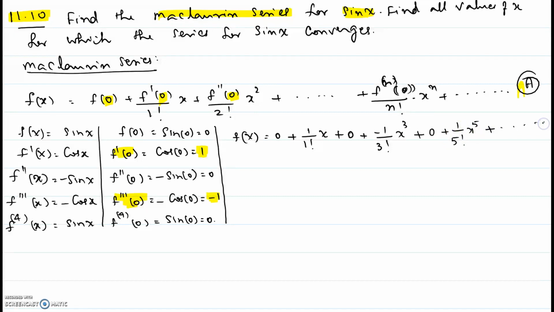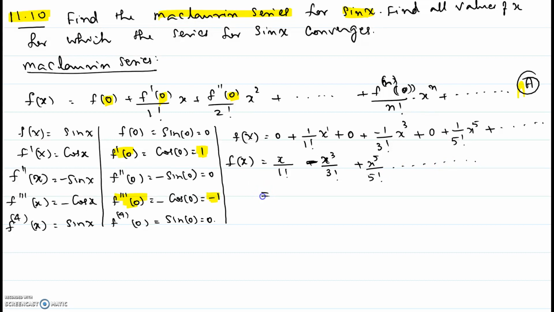So it alternates sign and you get only odd exponents for x, and whatever the exponent is, the same number appears in the factorial in the denominator. So we get f of x equal to x over factorial 1 minus x cubed over factorial 3 plus x to the 5 over factorial 5 and so on.